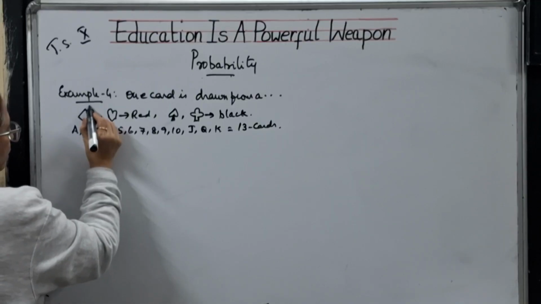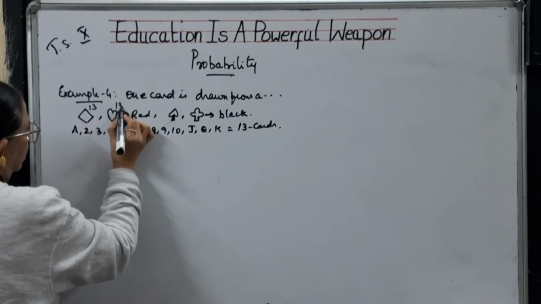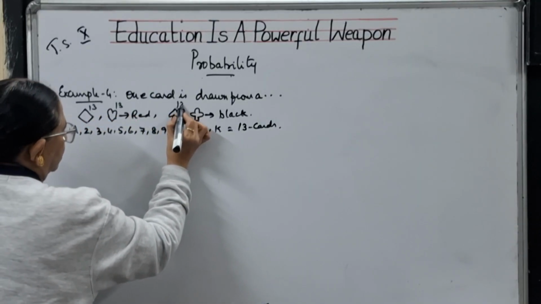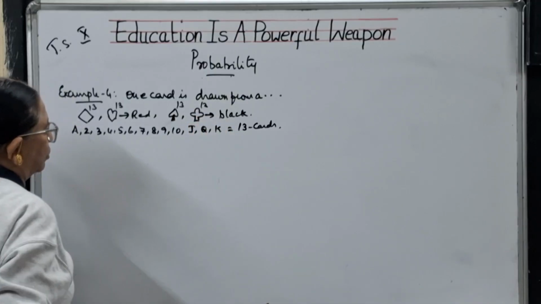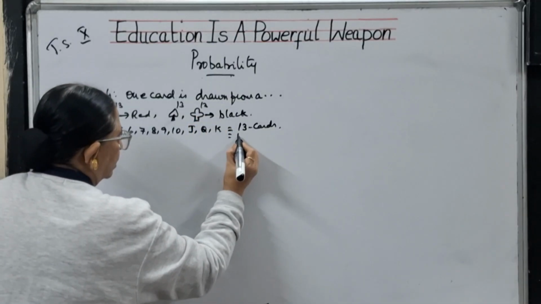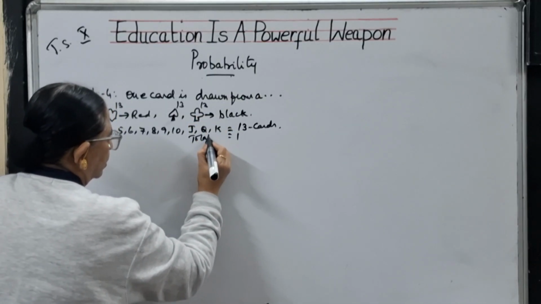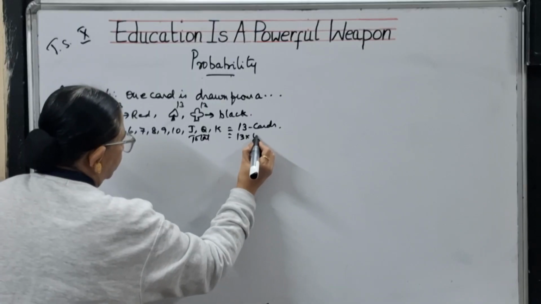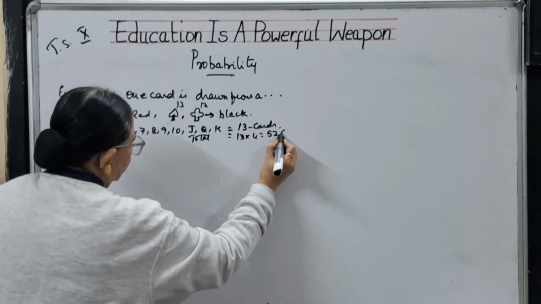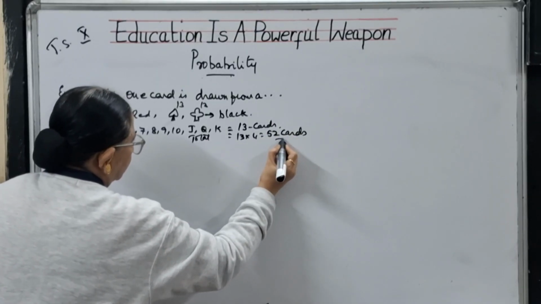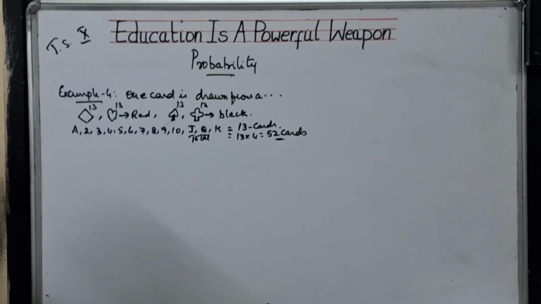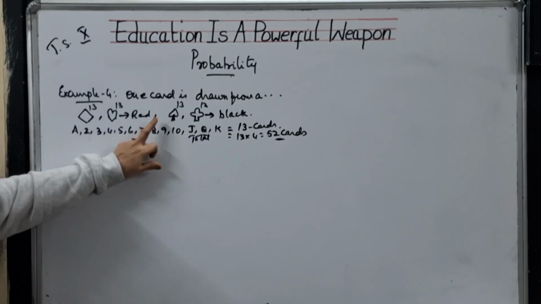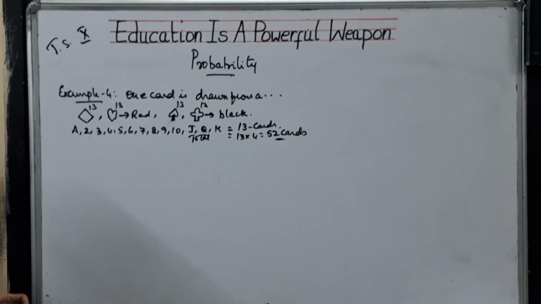This is 13, this is 13, this is 13, and this is 13. Total 13 into 4, 52 cards will be there. This is only an explanation, children, so that you understand the cards' colors and shapes.